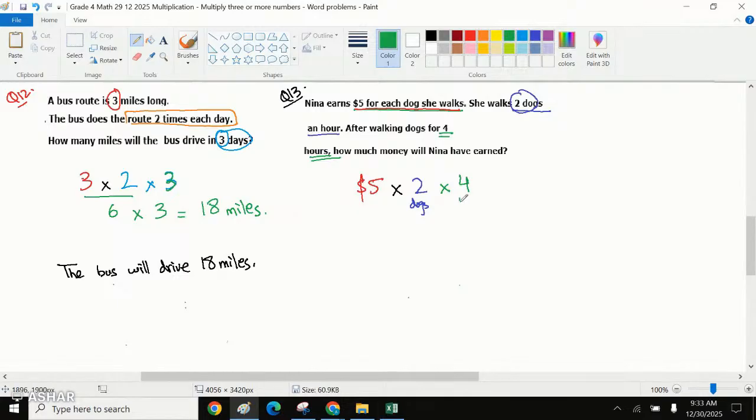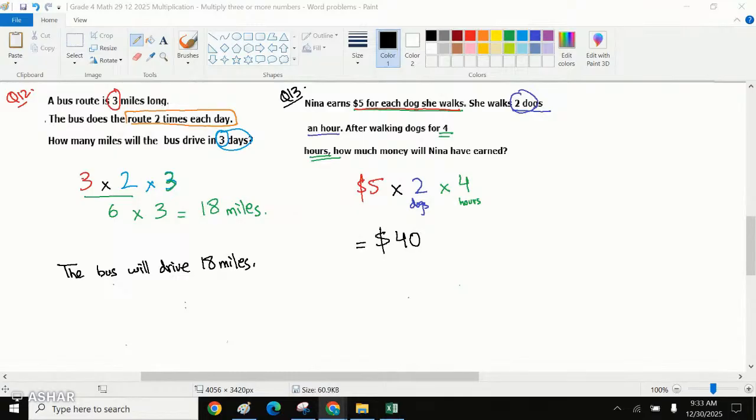And this was the number of hours. So she makes, the total will be 5 multiplied by 2 is 10, and 10 multiplied by 4 would be $40. Agreed? Yeah. Thank you.